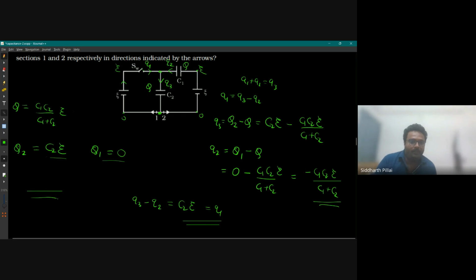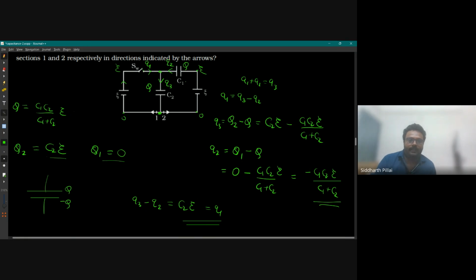Initially your capacitor had some charge Q. Now the circuit pumps more charge into it so that it becomes Q2. There would have been some charge flown from the circuit, which is what I'm defining as Q3. So what is Q3? Final charge minus initial charge. Got it? That's what I've written, Q2 minus Q.